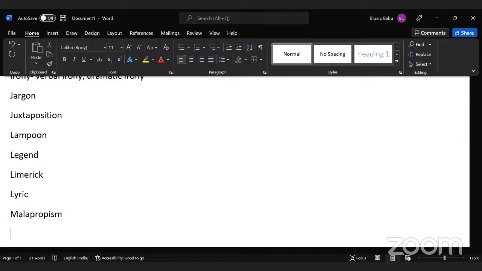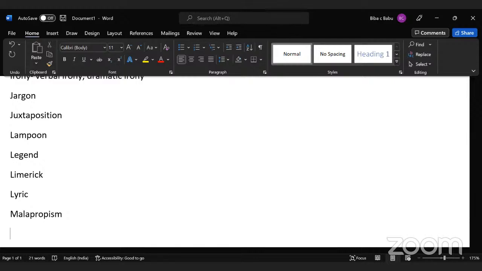You connect a lot of events and say it happened like that, then this thing happened. So you are telling about a particular event. Non-narrative is not about a particular event. It's the opposite of narrative. It does not tell any particular event or story.